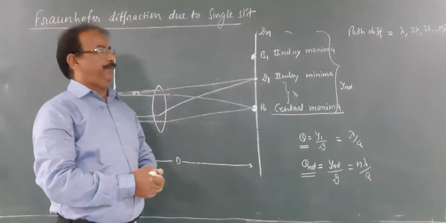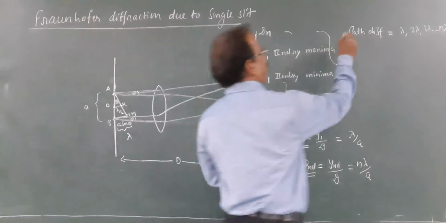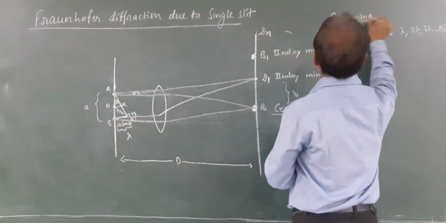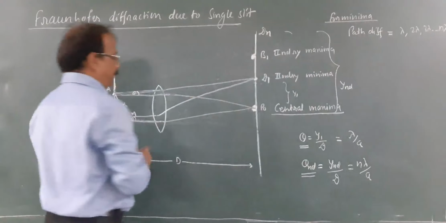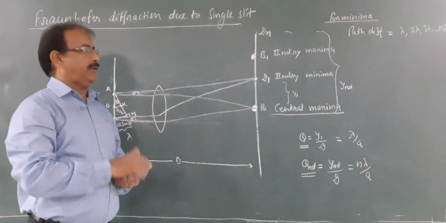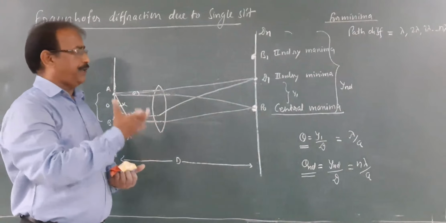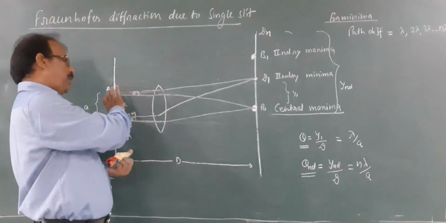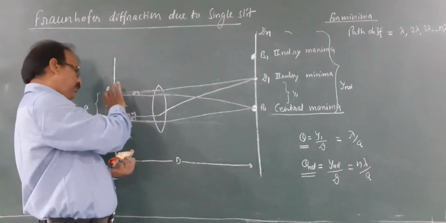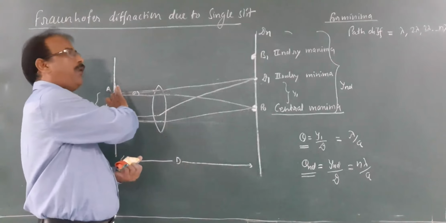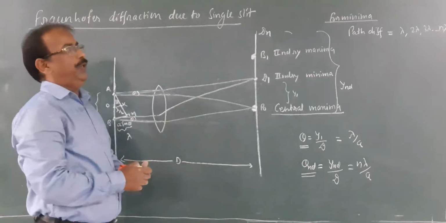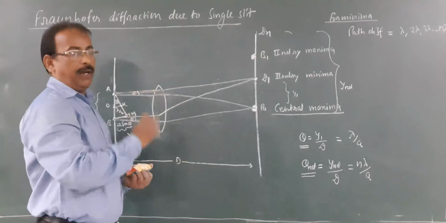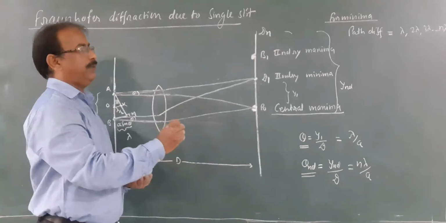In diffraction, this is for minima. In diffraction, you get maxima. Secondary maxima means brightness at such a position where path difference between the waves that come from each pair of points on the wavefront equals 3 lambda by 2, 5 lambda by 2, 7 lambda by 2, in general (2n plus 1) lambda by 2.